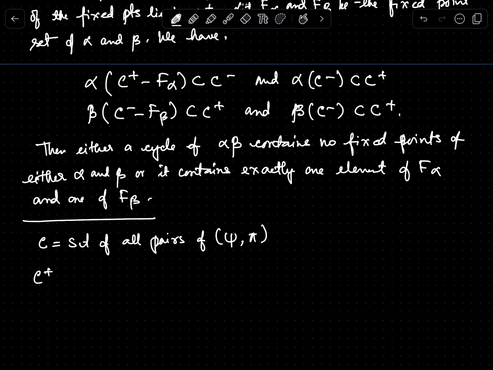Then what is C plus? We want to partition the set C into C plus and C minus. This will be in terms of the number of parts. C plus is the set of all pairs psi pi where pi has an even number of parts.